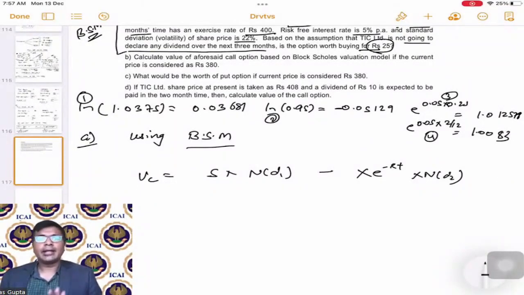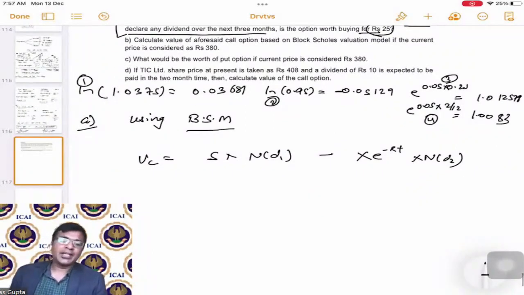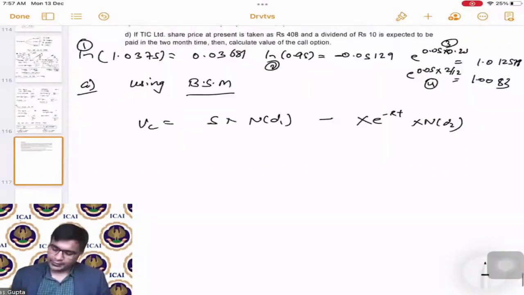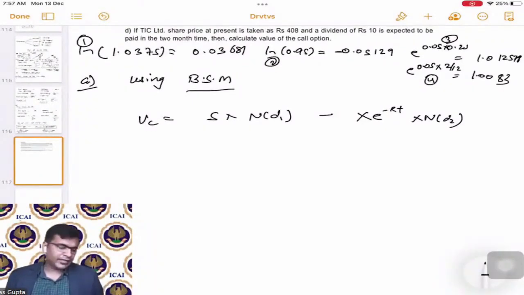Although 99.9% you will be given a direction either in terms of the value or through a table. So don't worry about that, because here the application is more important. Okay. So the value of call option is what we have to determine, correct? All the things are given to us.